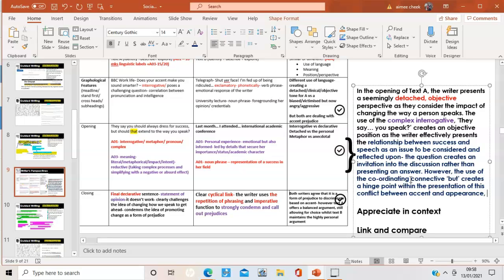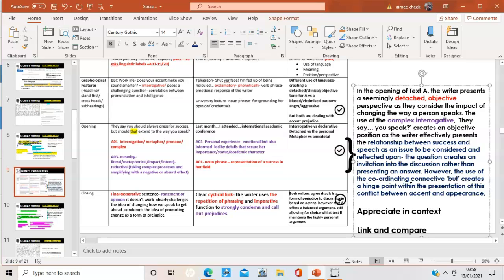And it immediately then, but should that extend to the way you speak, is immediately actually really saying that this isn't as detached as we think. However, the use of the coordinate connective but creates a hinge point within the presentation of this conflict between accent and appearance, aligning, suggesting, position.